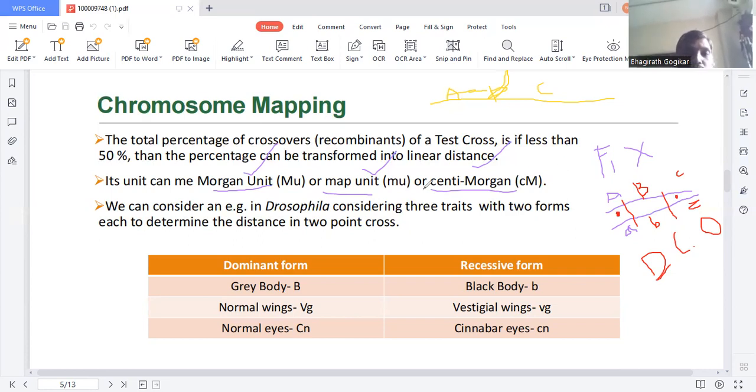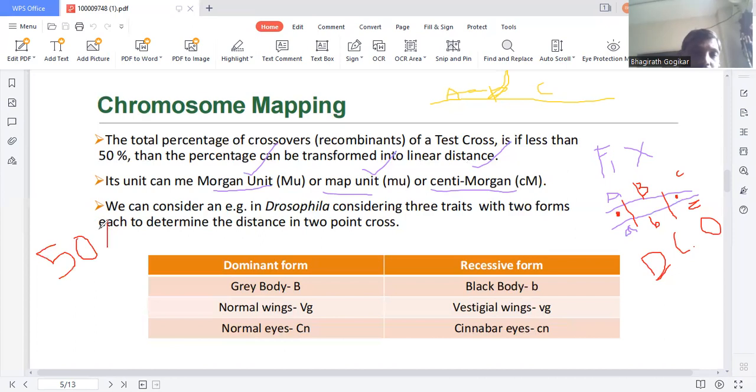Just go through the first problem, chromosomal mapping. If the total percentage of crossovers or recombinants of a test cross is less than 50%, then the percentage can be transformed into linear distance. In CSIR NET and SET examinations, they mostly ask that the crossing over percentage never exceeds 50%.